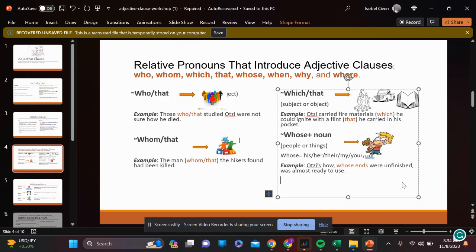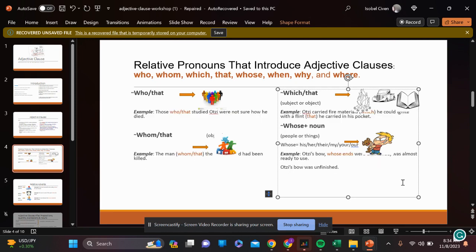Truly, that sentence is originally two sentences. Otzi's bow was unfinished. And then his bow was ready to use. So you can connect these two sentences using whose.